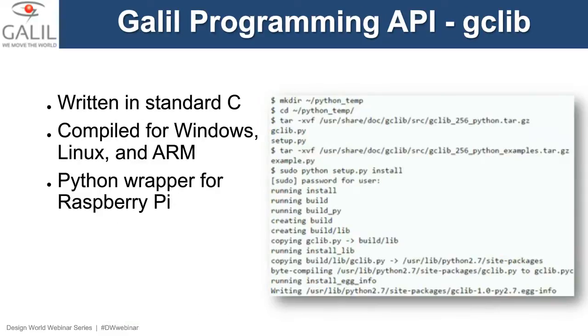So the Galil, we actually have some software packages. It's a programming API, or application programmer interface. It's called GClib, available on our website for free. And this makes it easy to communicate with Galil controllers and PLCs. Now, this is nice because it provides you a library of functions to connect and communicate to the controllers. It's small, it's efficient, and the great thing is the Raspberry Pi is supported.